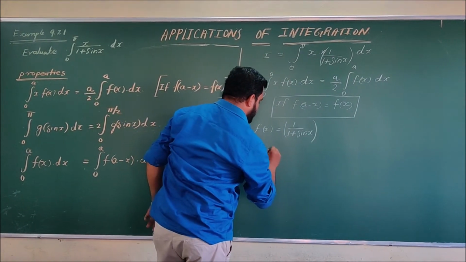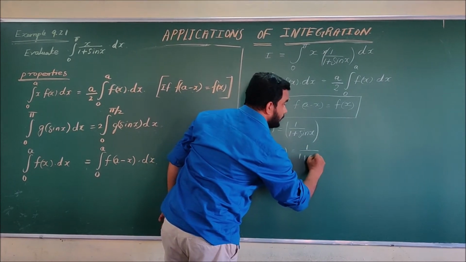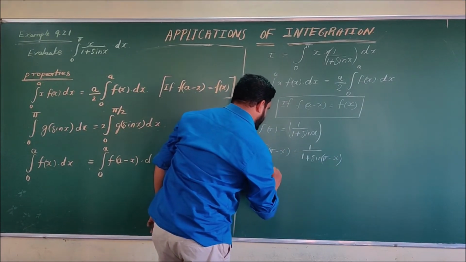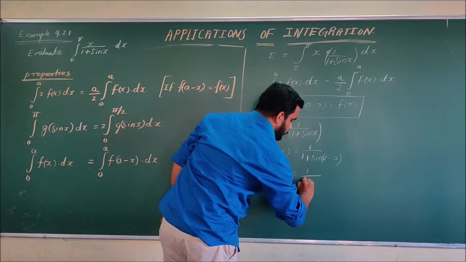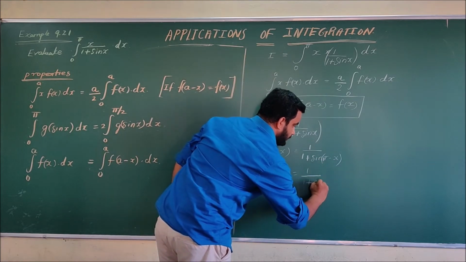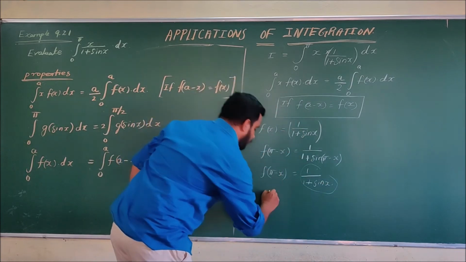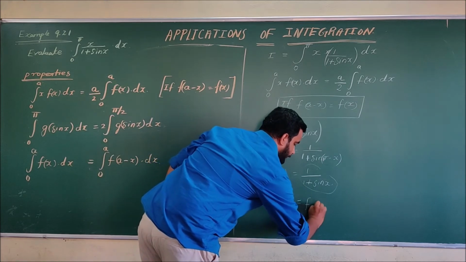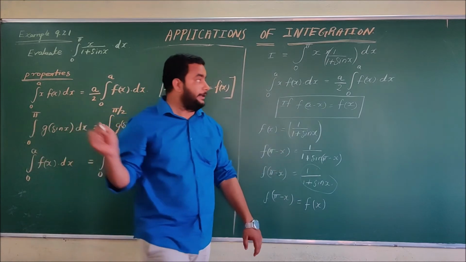So f of pi minus x is equal to 1 by 1 plus sin of pi minus x. Sin of pi minus x is sin x, so it is 1 by 1 plus sin x. This is f of x. So f of pi minus x is equal to f of x, and this condition is true.